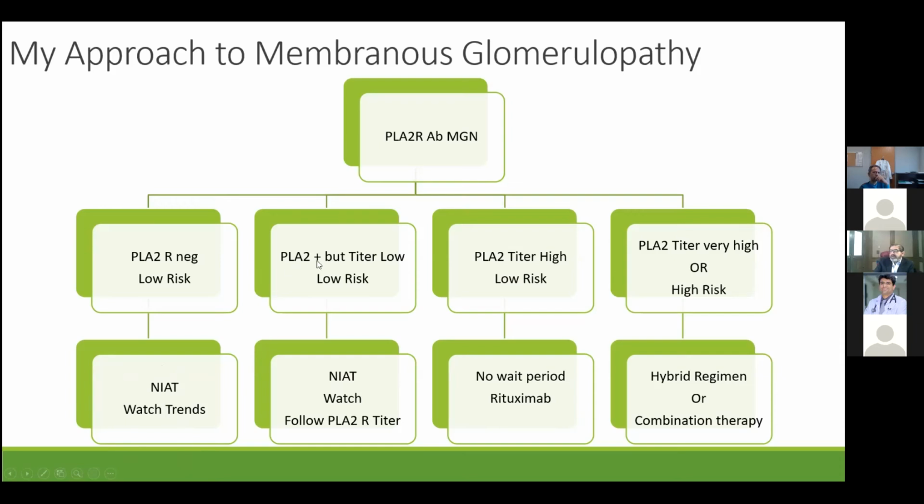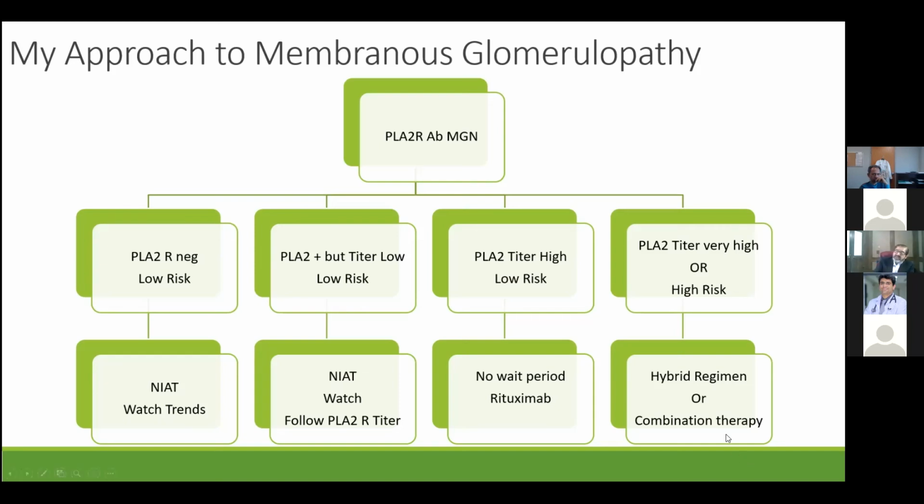If your PLA2R is low titer and they're low risk, then I would watch, but I will keep following the PLA2R titer closely, and if it starts going up, I'll probably end up treating them. If the PLA2R titer is high and they're low risk, I know that they're not going to remit. I'll probably put them on rituximab. If the titer is very high, or if they're high risk, then I would put them on a hybrid regimen, some form of cyclical therapy or combination therapy.